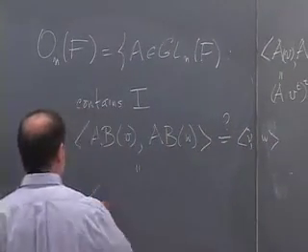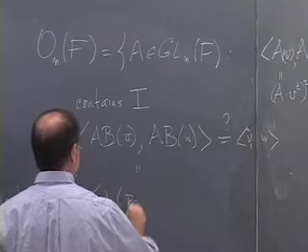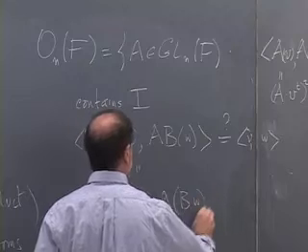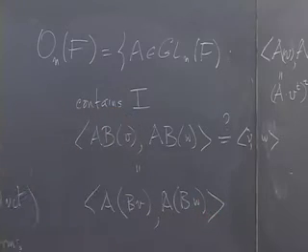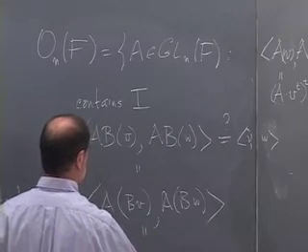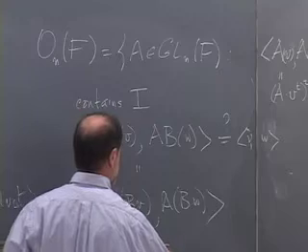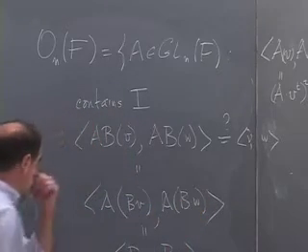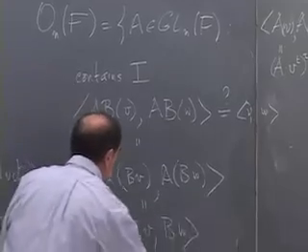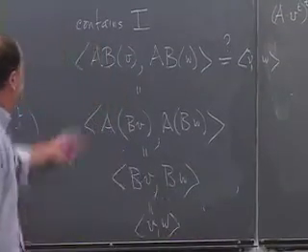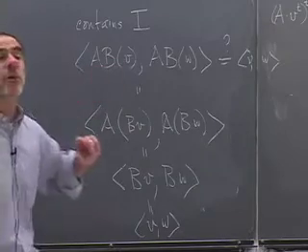This is A of BV, A of BW, because matrix multiplication is composition of operators. Now, since A is in the orthogonal group, this is the inner product of BV with BW, because if we apply A to any vectors, we don't change their inner product. And then since B is in the orthogonal group, this is the inner product of V with W. So if A and B are both in the orthogonal group, so is their product.